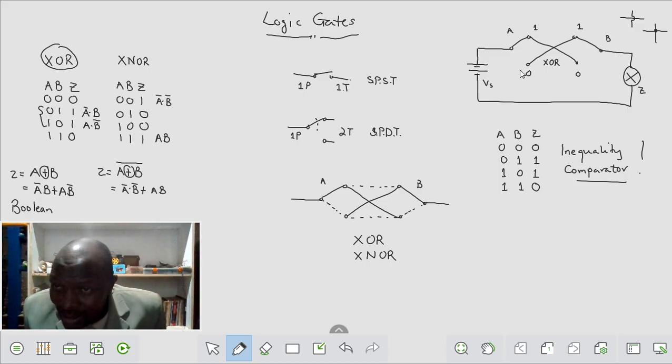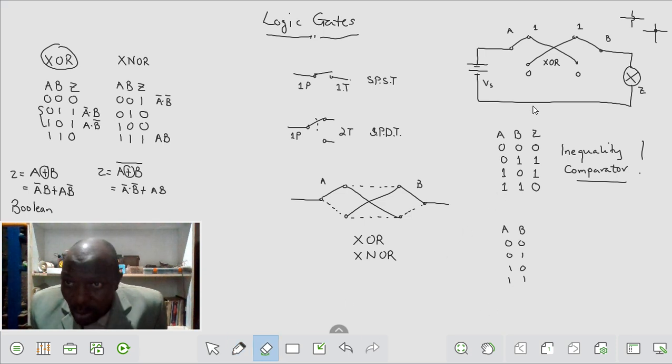Now, if we take the same circuit, 0 0, 0 1, 1 0, 1 1, but we make the connections equal, with what? With the equal sign. There is my equal sign connecting them.